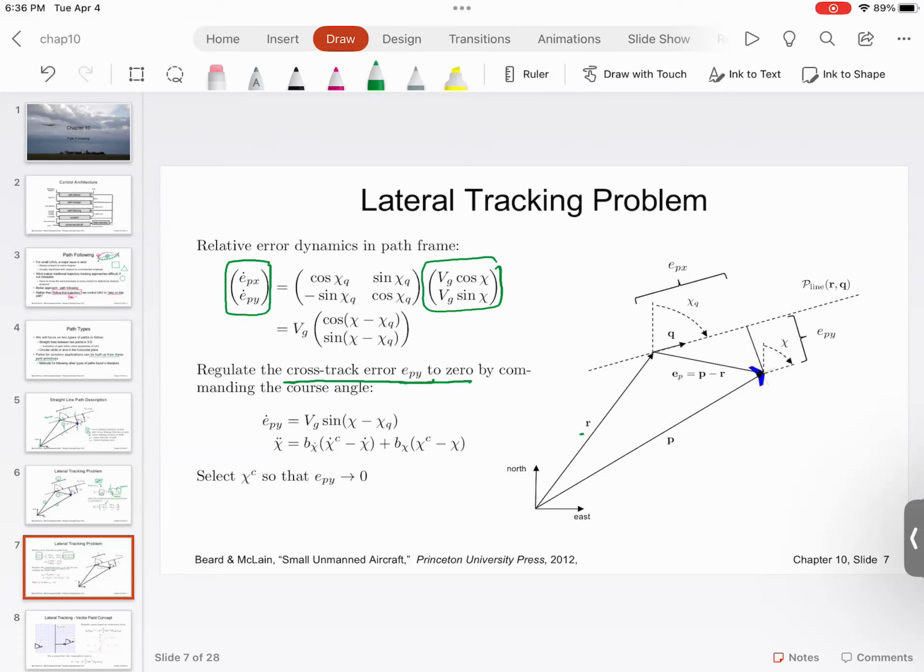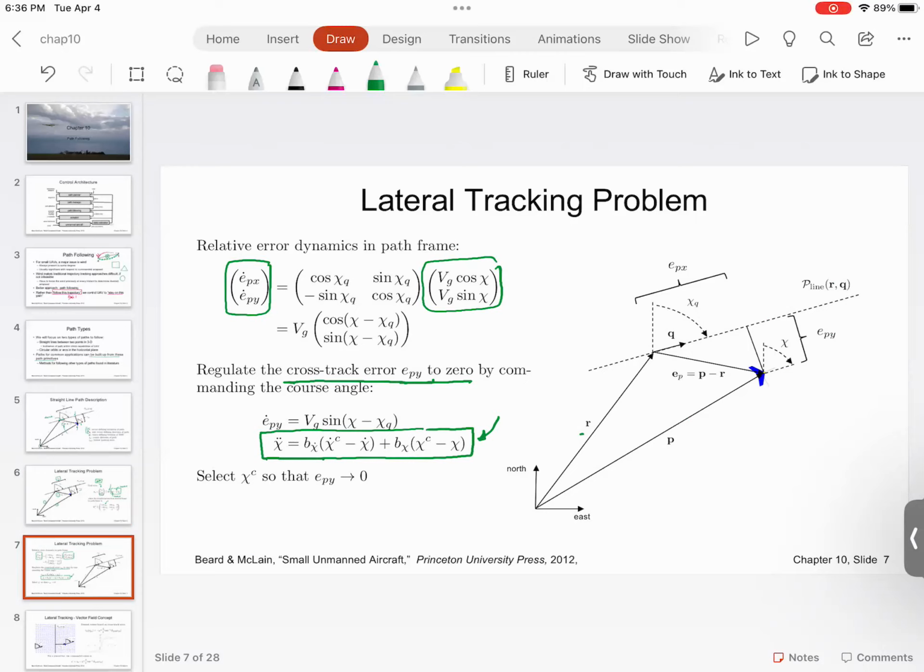This error can be slaved to 0 or driven to 0 by adjusting or commanding the course angle. So basically, this is the equation that you program inside the autopilot to minimize the error in E dot Py. What does that mean actually?